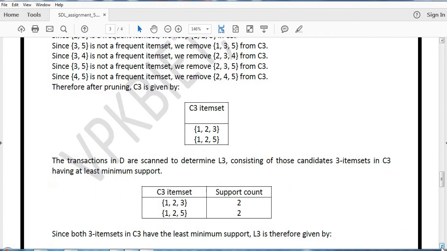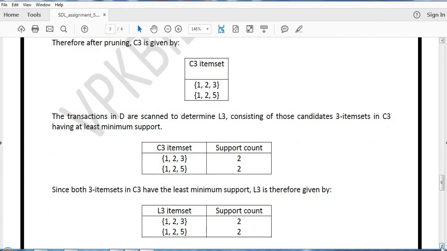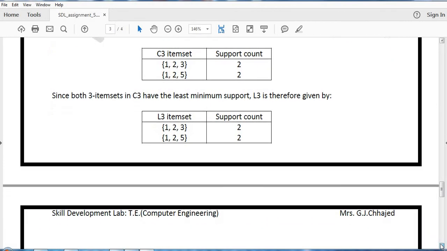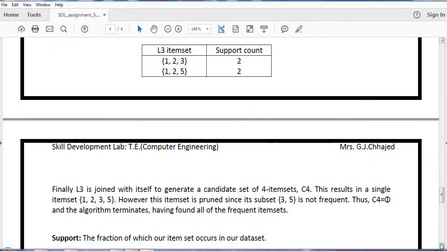The transactions in D are scanned to determine level 3, whether these sets have support count greater than or equal to 2. 1 2 3 has 2 and 1 2 5 also has support 2. Since both item sets satisfy the minimum support requirement, these two go into level 3.